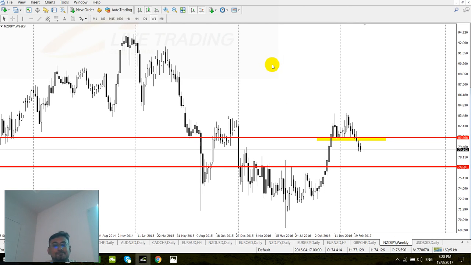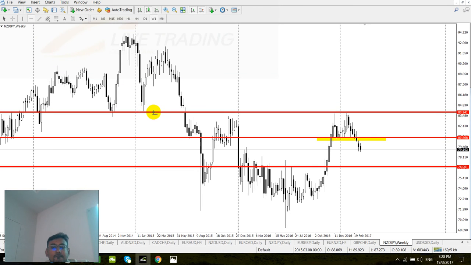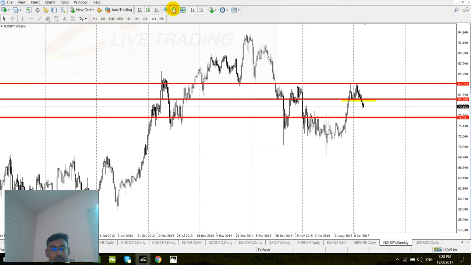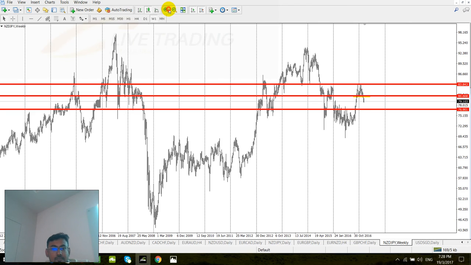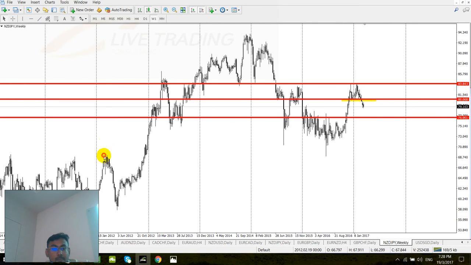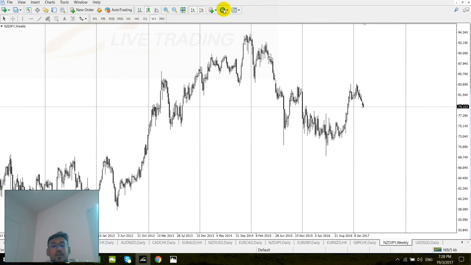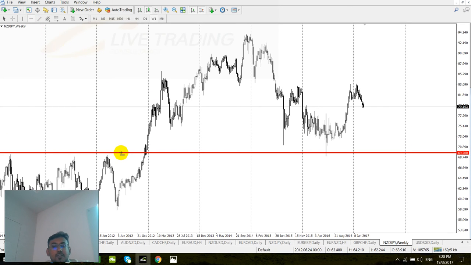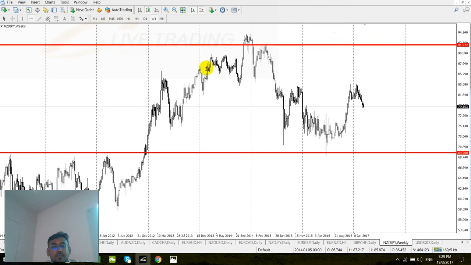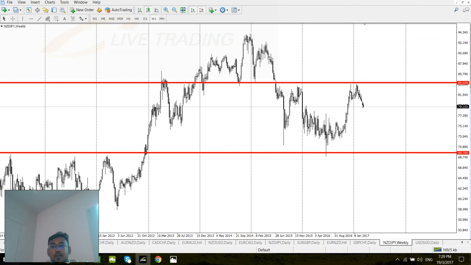New Zealand yen. Okay, this is on a weekly chart. On the weekly chart, observe this. The market tried to penetrate, failed.